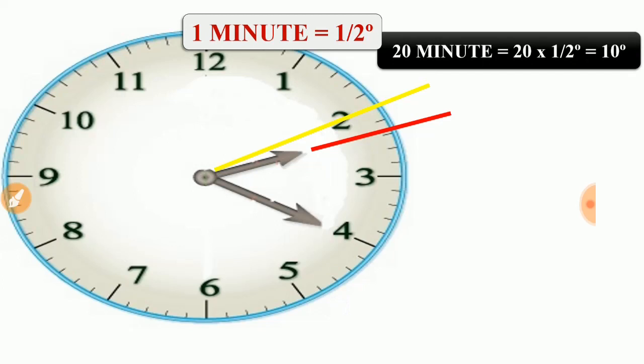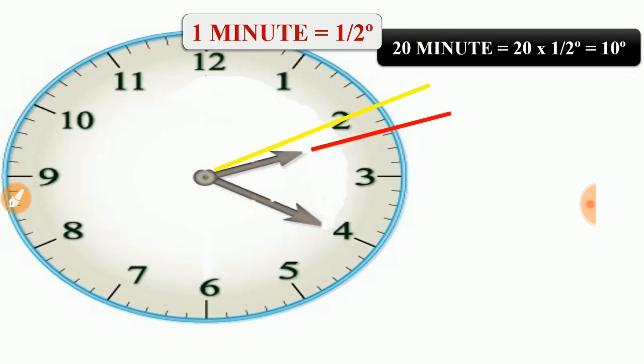So the hour hand moved about 20 minutes just as a result of the movement of the minute hand. That movement is equal to 20 minutes of movement of the minute hand. If that gap is 20 minutes of movement, and 1 minute is half a degree, then 20 minutes is 20 into half, that is 10 degrees. So that gap is simply 10 degrees.